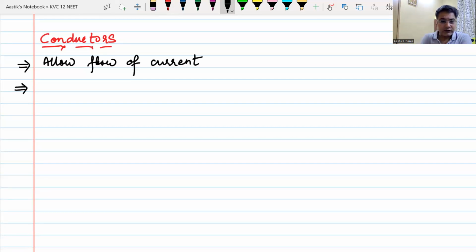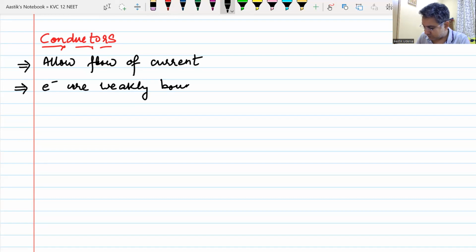How do they allow the flow of current? The electrons are weakly bound. Electrons are free to move.